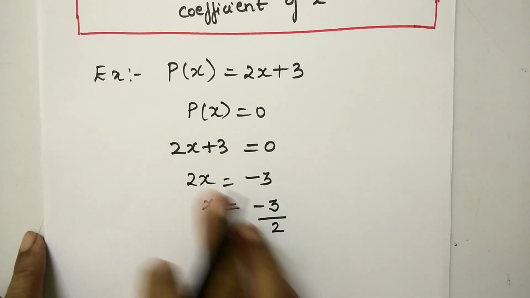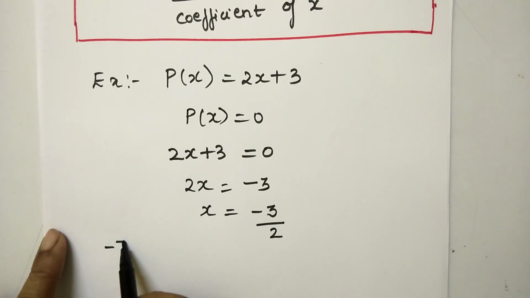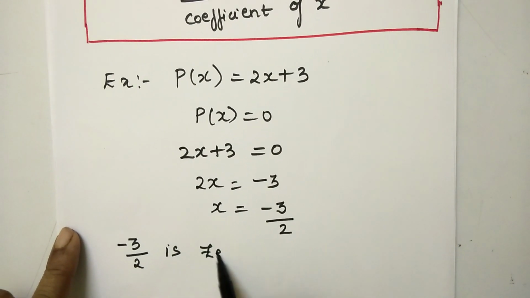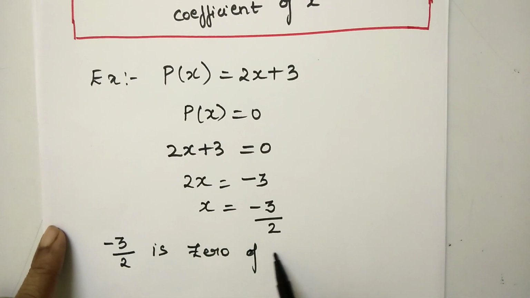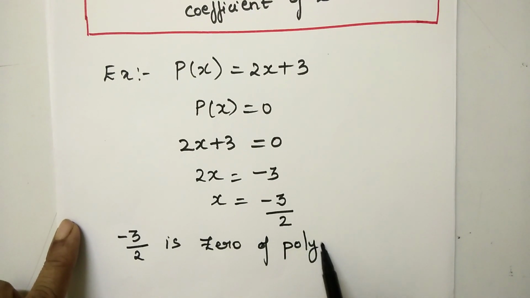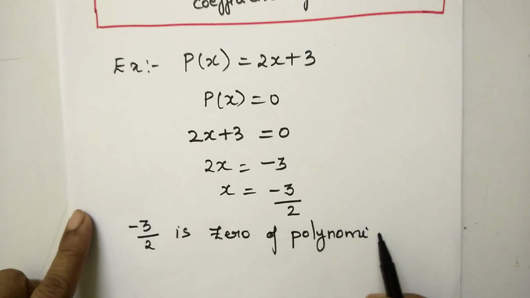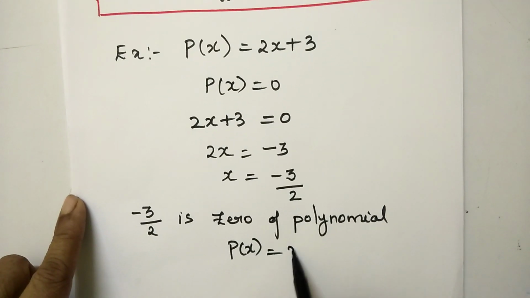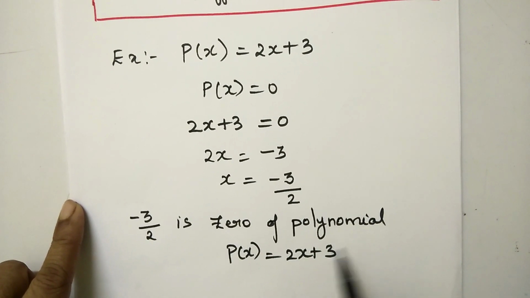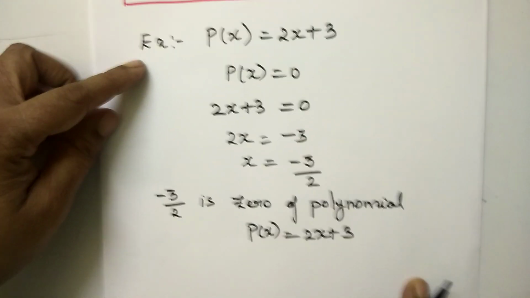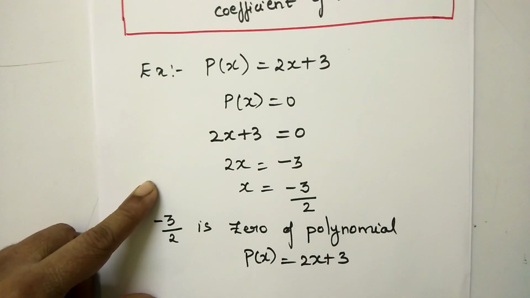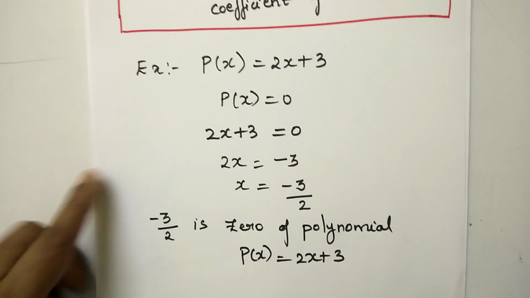This is nothing but the zero. Minus 3 by 2 is the zero of the polynomial p of x is equal to 2x plus 3. Follow the same steps to find the zero of the polynomial.